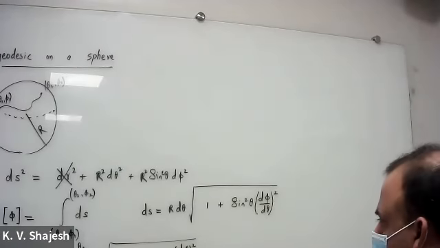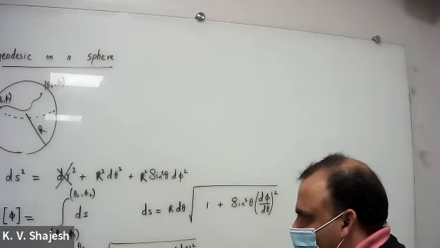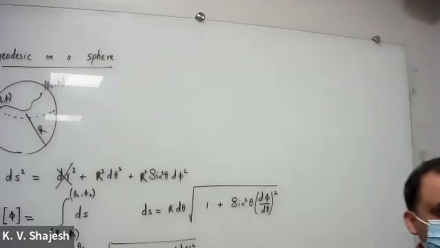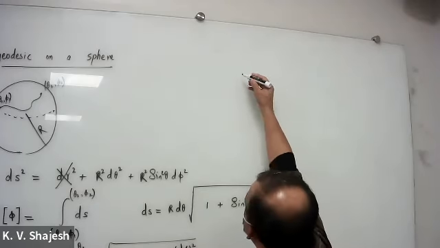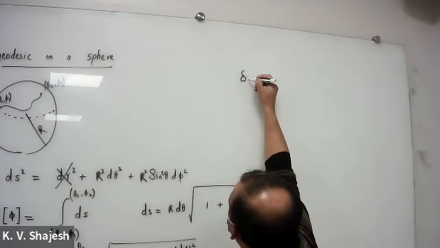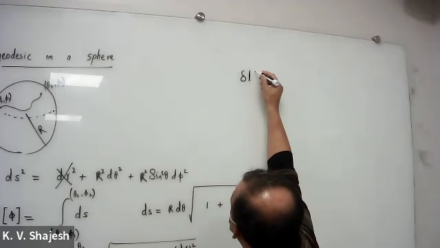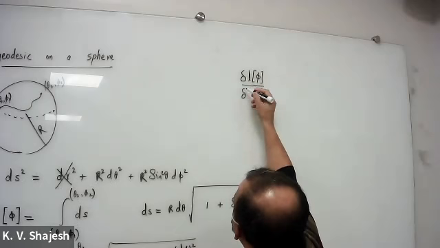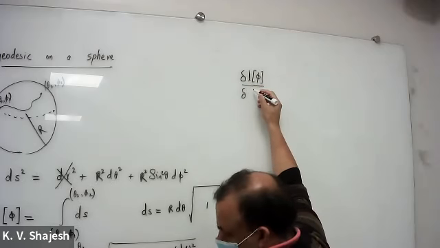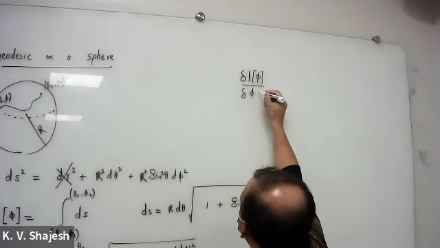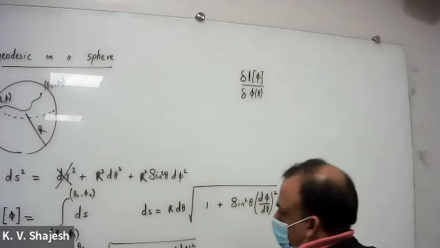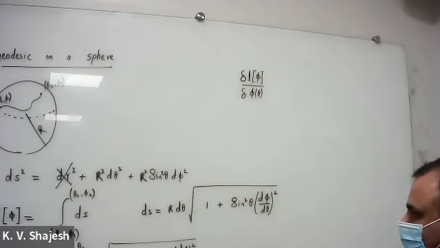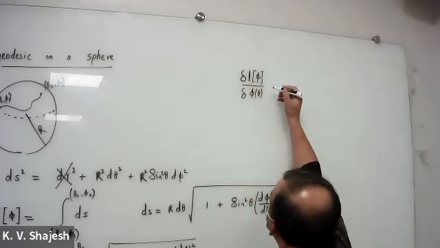Do the functional derivative, I'll do the short method. You just pretend that this is a normal derivative and proceed. So delta L over delta phi will be, pretend that this is a normal derivative.